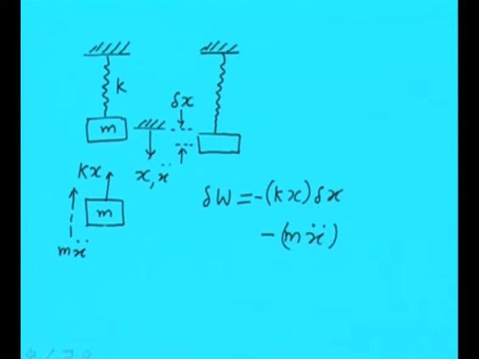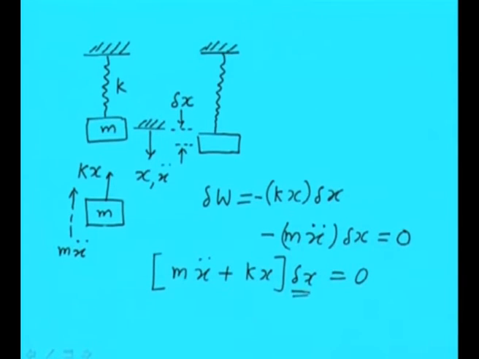So, this is also getting displaced by the same amount delta x, and according to the virtual energy principle, this virtual work done is 0. So, you can see that we can simplify this term like this, or this is x.